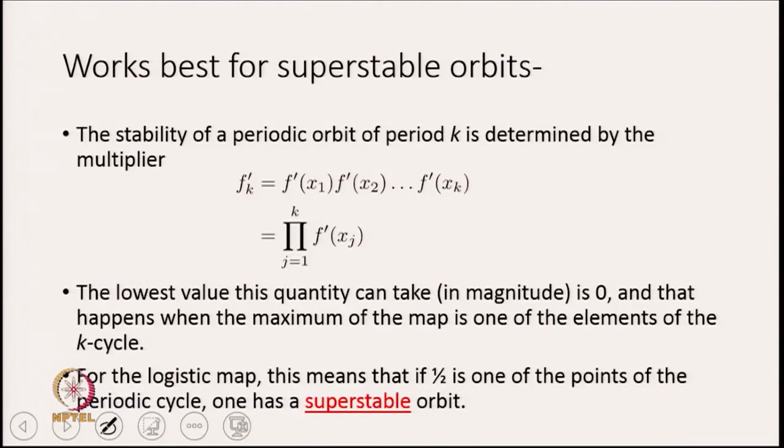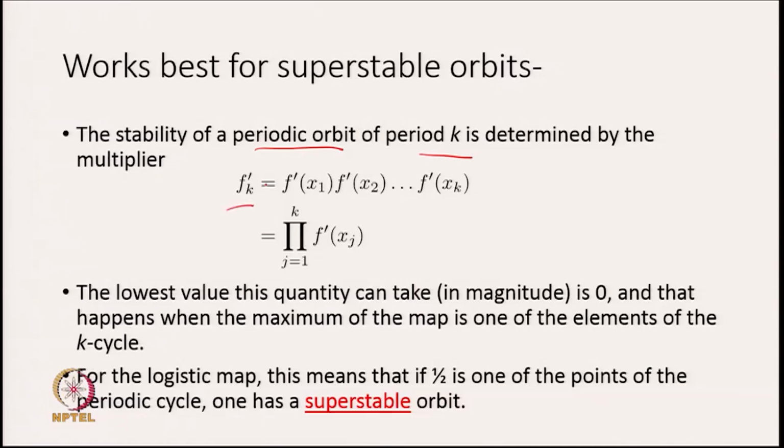Now, you can do this very accurately for superstable orbits. Remember that the superstable orbit is one where the derivative, this f prime, is equal to 0. If you have a periodic orbit of period k, then its stability is determined by the following multiplier.